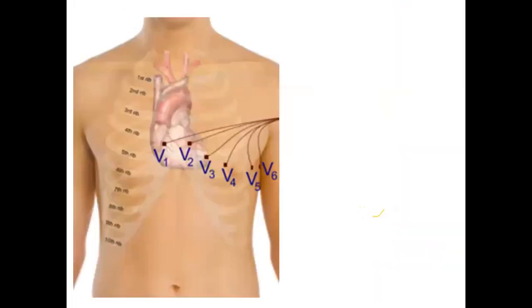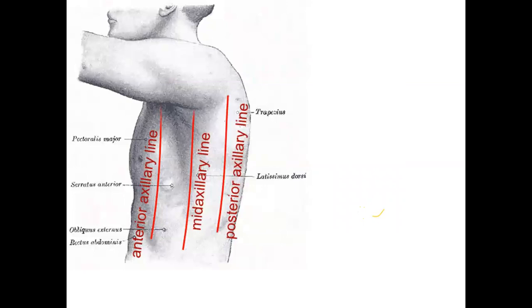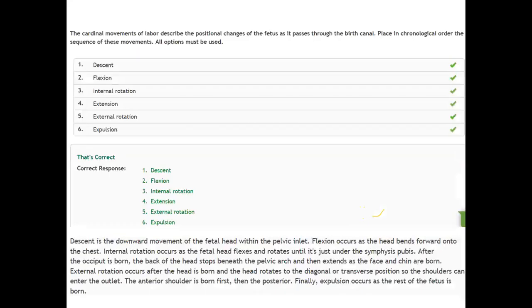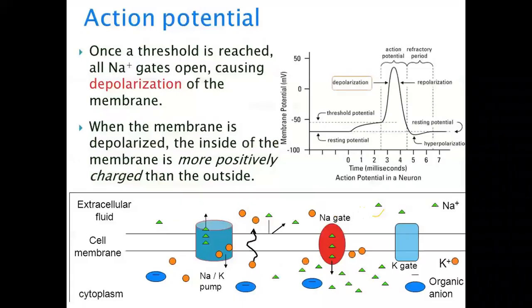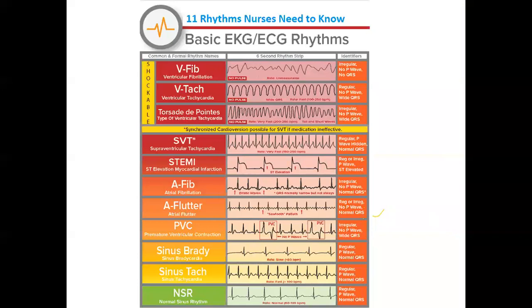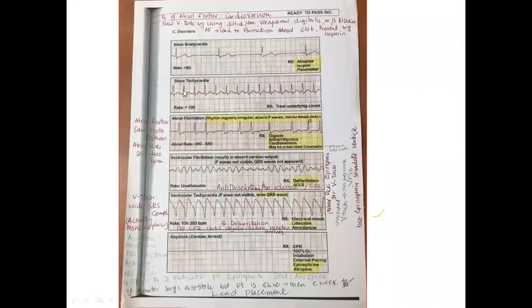But if the heart rate is more than 150 or more than 300, at that time we can say atrial fibrillation or atrial flutter. When the abnormal beat is produced from the atria, we call it atrial flutter or atrial fibrillation. When the abnormal impulse is produced from the ventricle, we call it ventricular flutter and ventricular fibrillation.